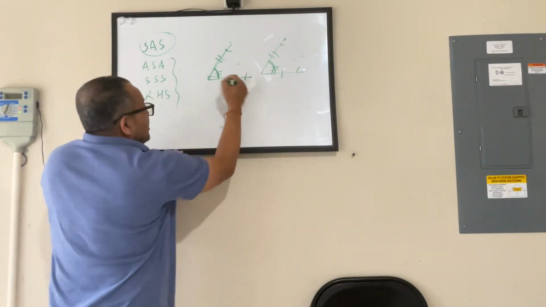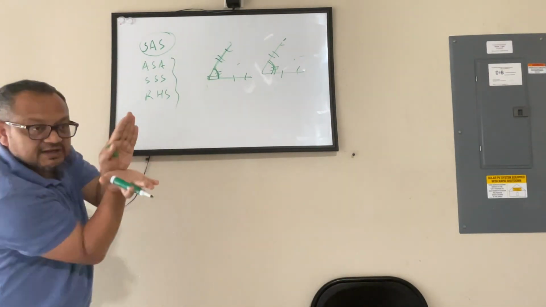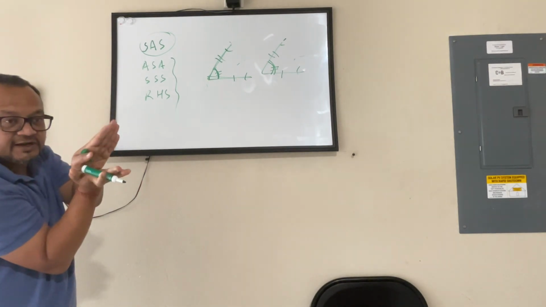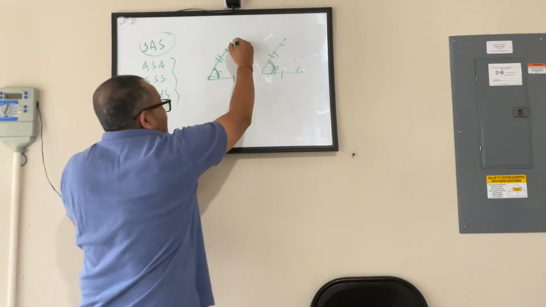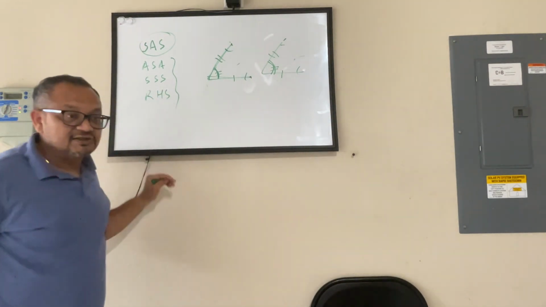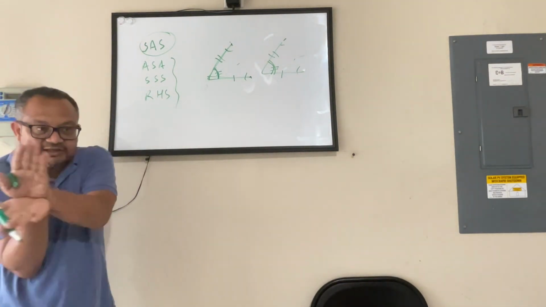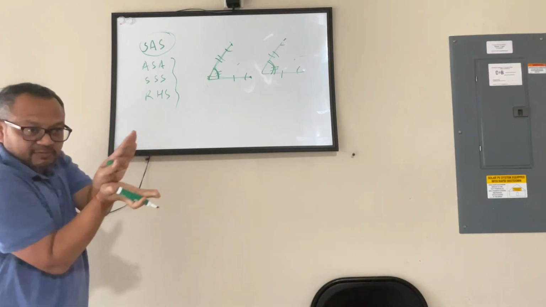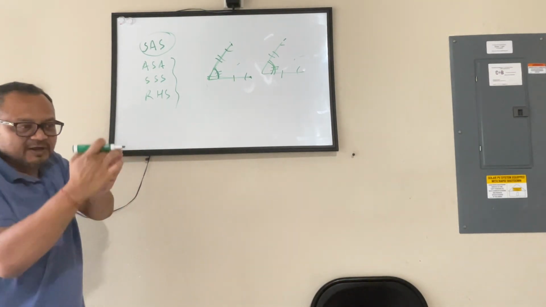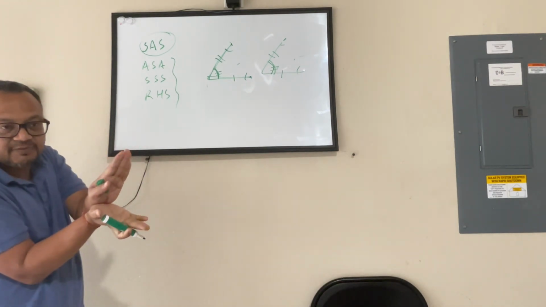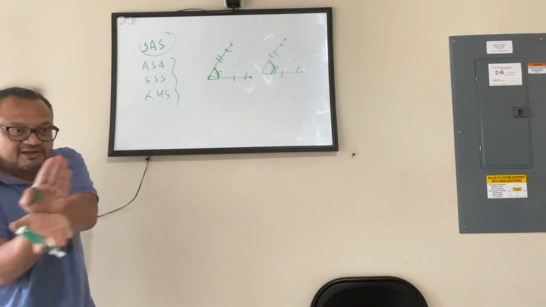The length of the arm is fixed, the angle is fixed, the inclination is fixed. You're not reducing the angle, you're not increasing the angle. That means the distance between this point and this point will be fixed, it will not change. My hands are glued in this position, so the distance between this fingertip and this fingertip is not going to change. It is glued, it is fixed.